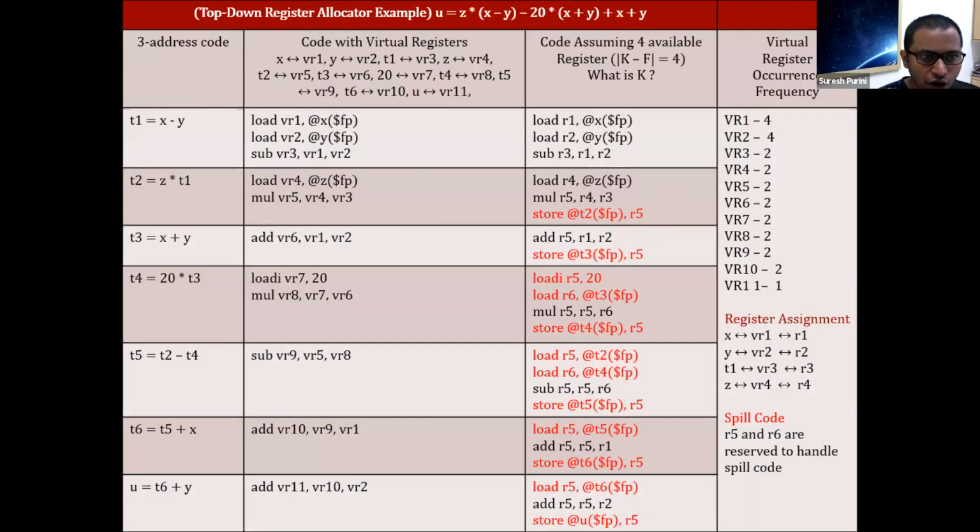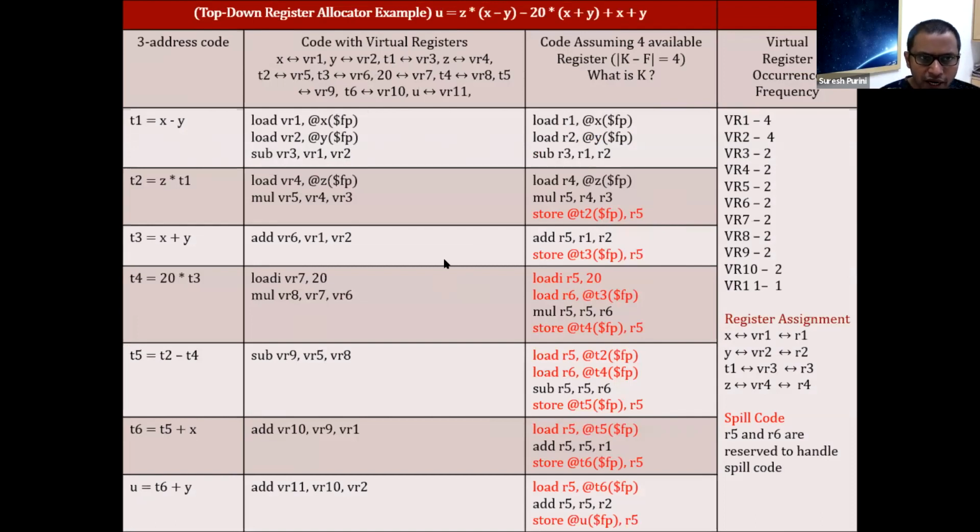In the first column, you have code with a sequence of 3 address tuples, and in the second column we have the associated assembly code. You can see the virtual registers allocated to different variables.